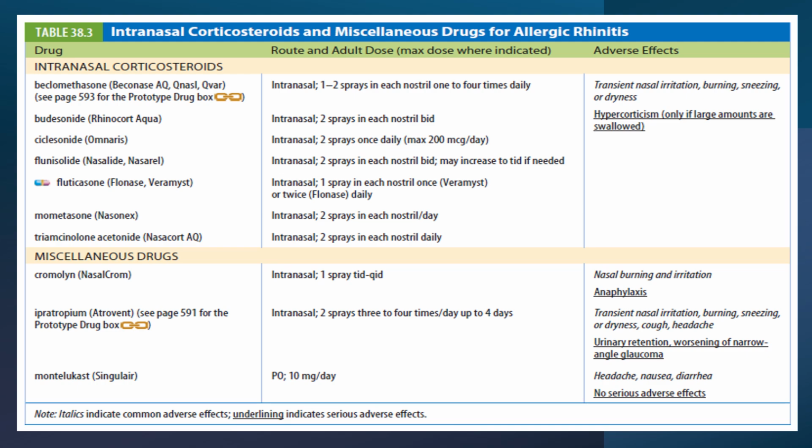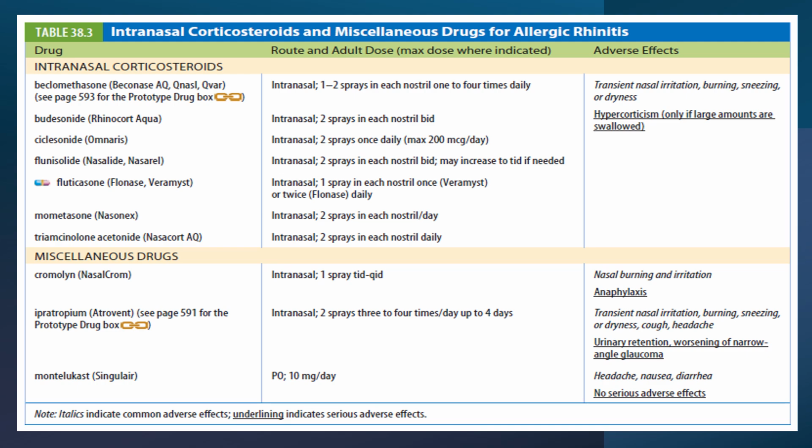Now, pharmacotherapy of allergic rhinitis with intranasal corticosteroid. Although corticosteroids are very effective, their use as systemic therapy is limited by potentially serious adverse effects.